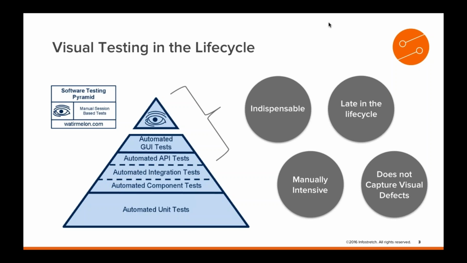It is also a very manually intensive process. In order to exercise a test through the GUI in an automated way, you have to pretty much teach the software to click on specific widgets on the screen and validate what you are seeing on the screen, right? It is also indispensable in the sense that automated GUI testing is what your users see, right? So you can't not do it. And therefore, the cylinder phenomenon is there, where most companies still put a pretty heavy emphasis on automated GUI testing, right?